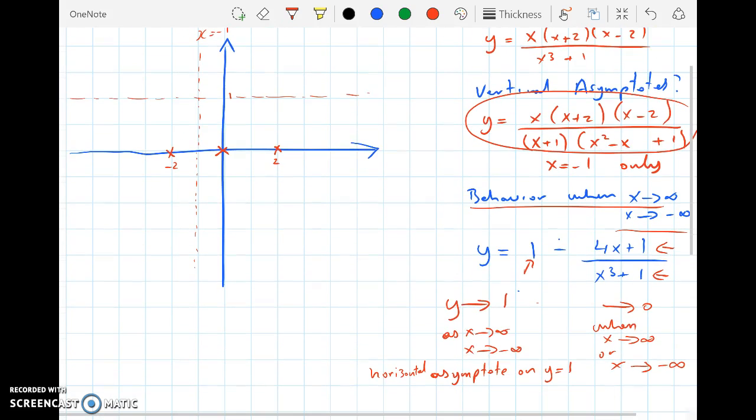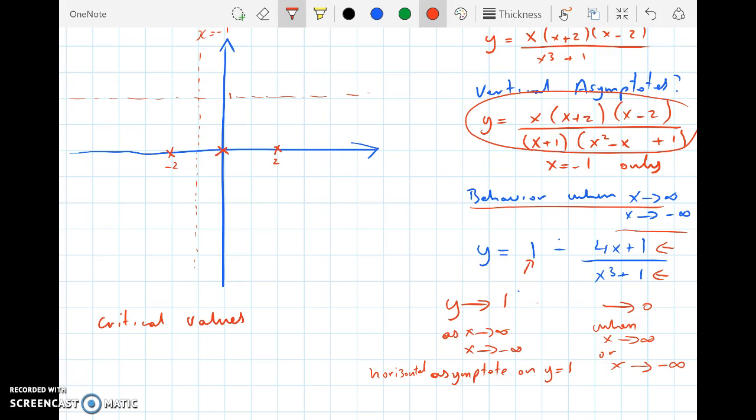So what I'm going to actually do is look at these values. We've almost got critical values here of x, which are minus 2 because of the 0 at minus 2 here, the asymptote at minus 1, the 0 and the 2.